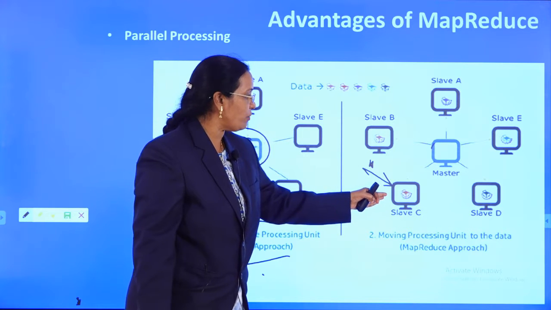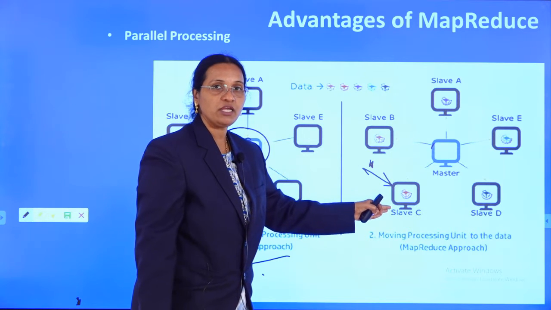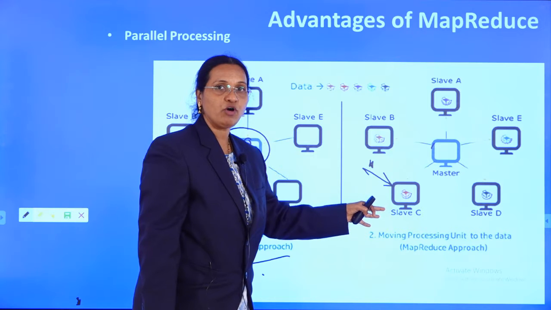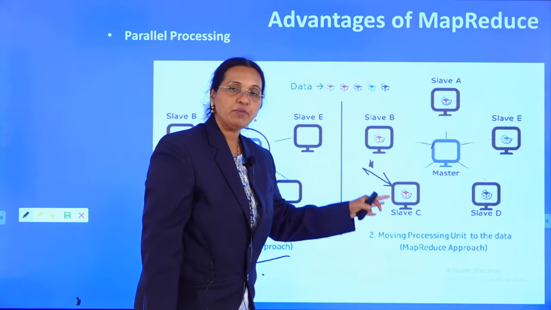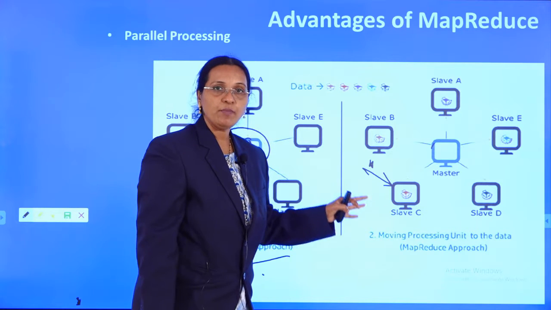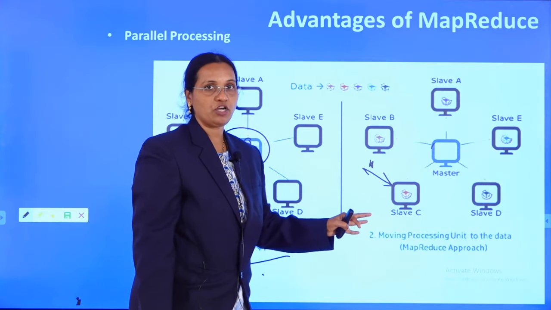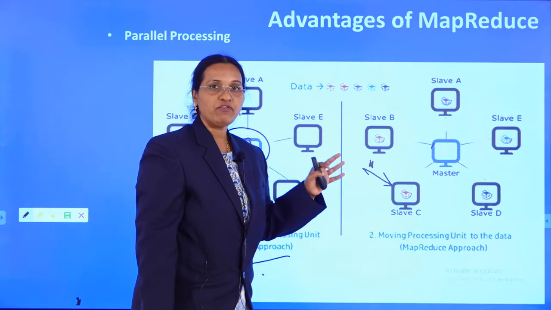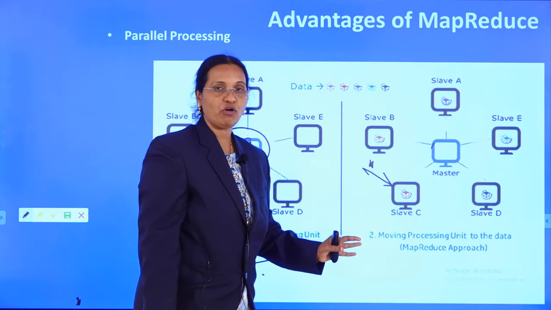Here there will not be such problems or any costly affair, because wherever the data is, I keep it in the same node itself and just pass the algorithm, not more than that. So it will be cost effective also.